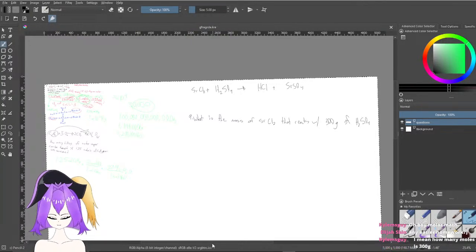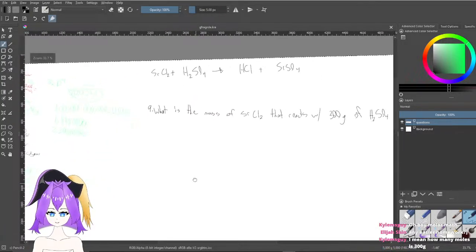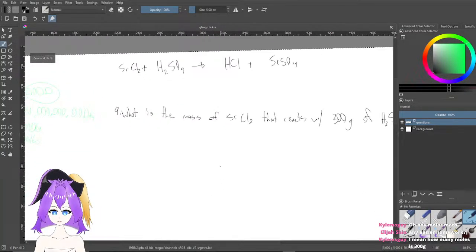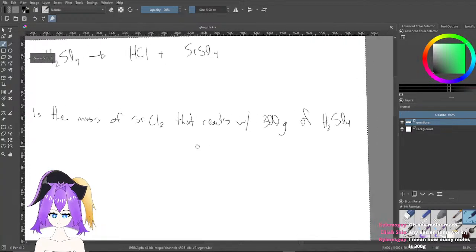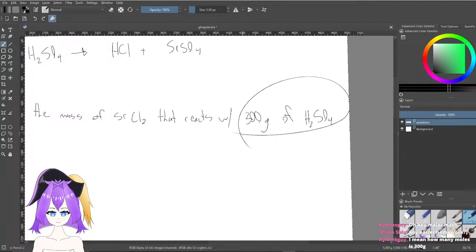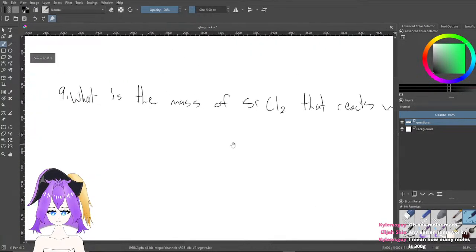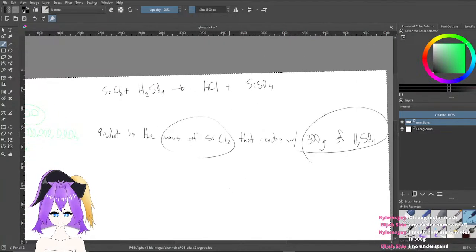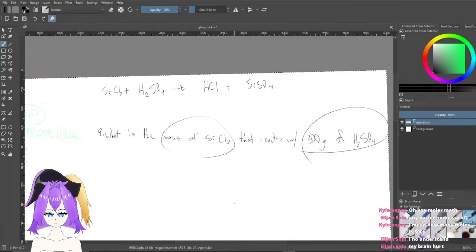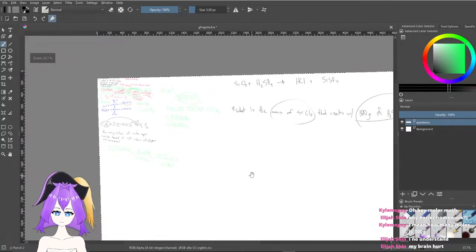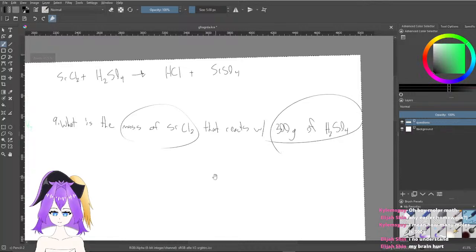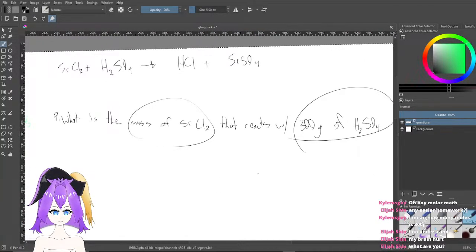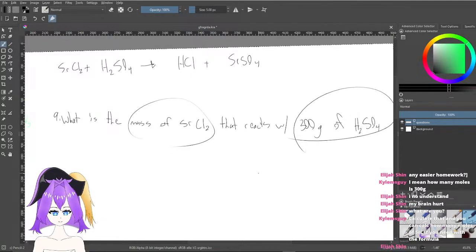I think I'm gonna come back to this. How many moles is 300 grams? The question is, if we have 300 grams of hydrogen sulfate, how much strontium chloride reacts with it? Oh, calculate how many moles of strontium chloride.